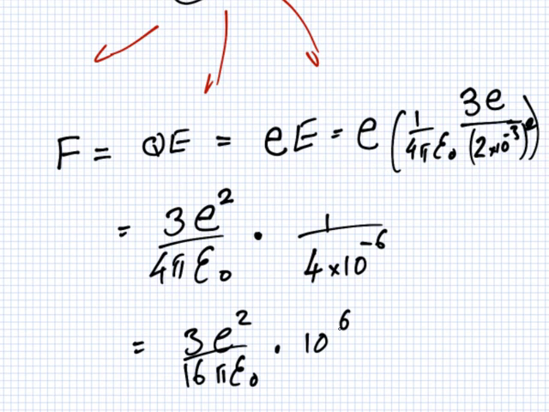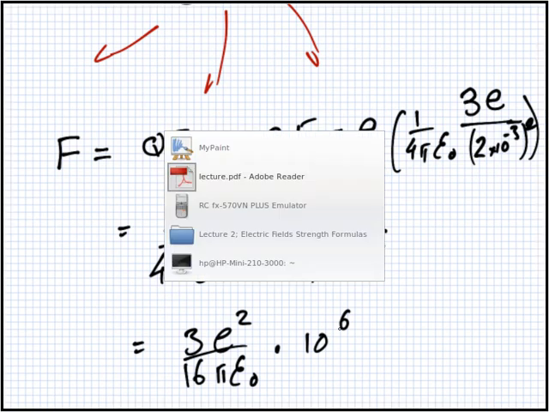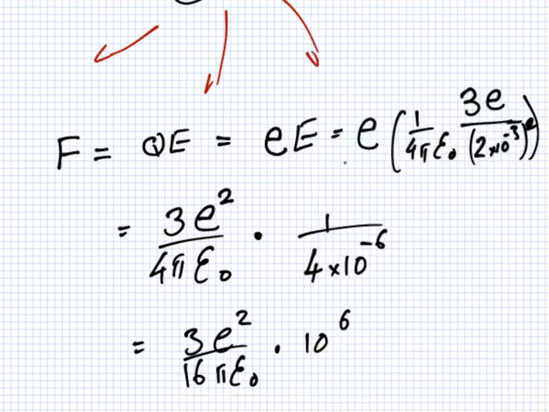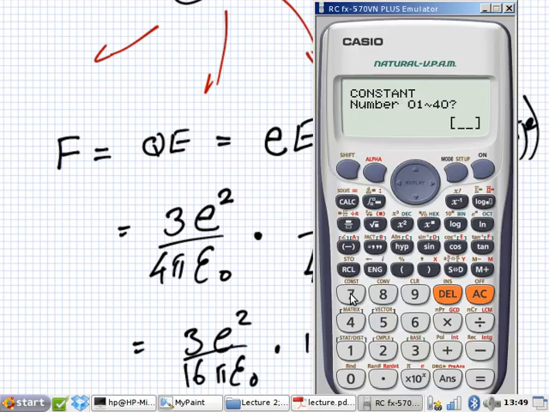I'll just put this in on the calculator. 3e squared over 16. What constant, please? What number is e? Thank you.